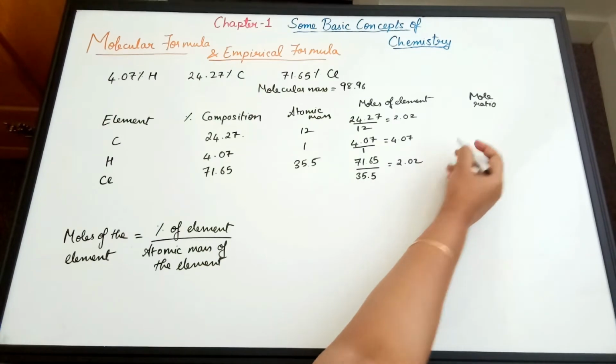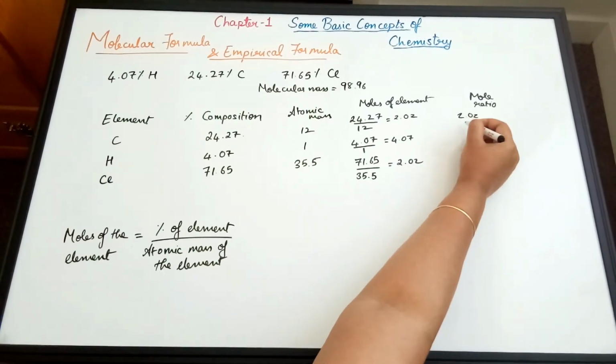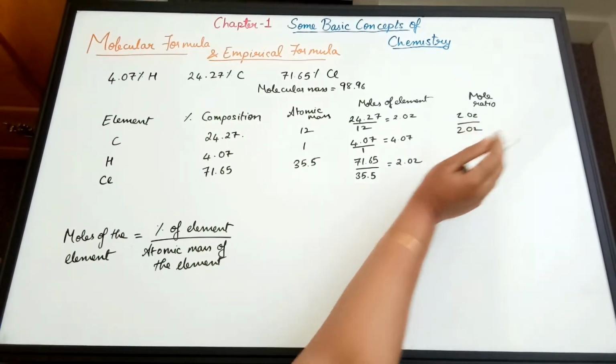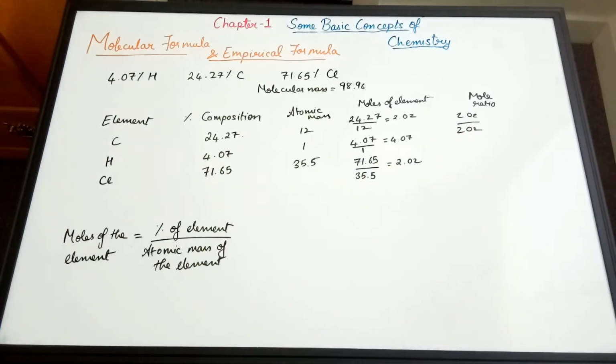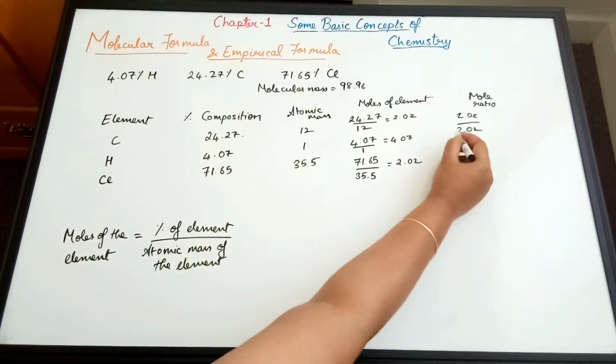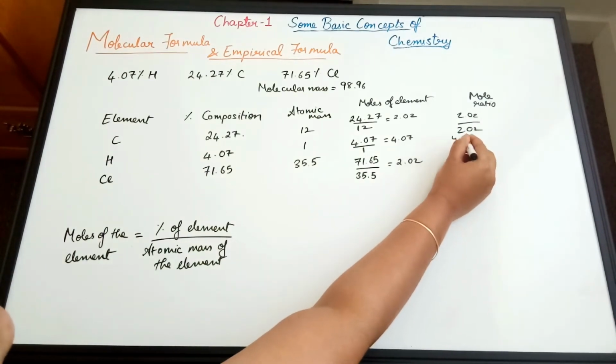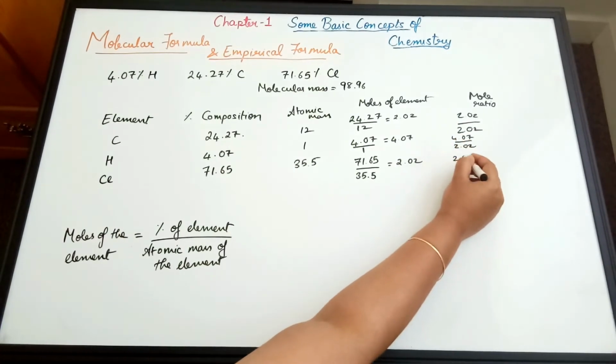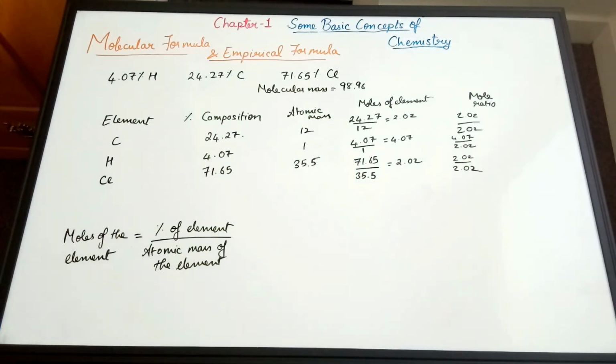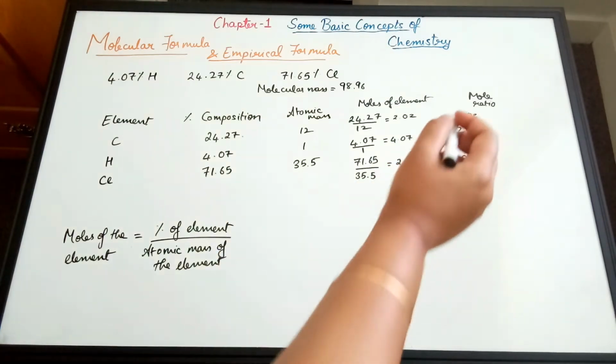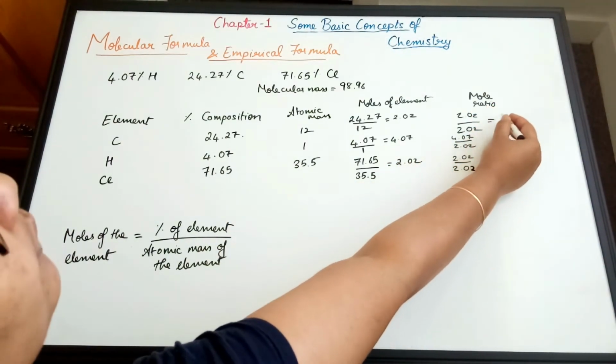Okay, so 2.02 divided by 2.02. Similarly, 4.07 by 2.02 and again 2.02 by 2.02. So all we're doing is calculating the simplest mole ratio, and you will get 1.